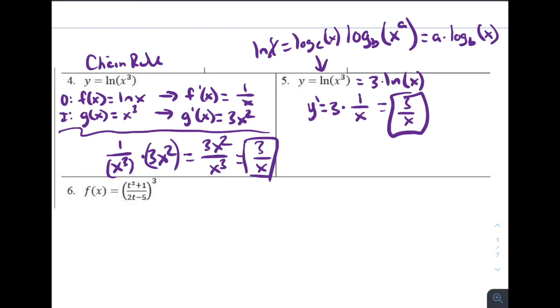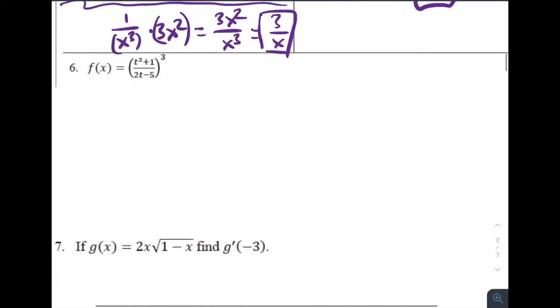Nice. All right, number 6. This one is a little bit of a beast. We've got clearly a composite function. A function is being raised to the third, so a function inside of a function. Why is this tough? Well, that inside function is actually 2 things being divided, which means we need to think back to chapter 2, the quotient rule, in order to take the derivative of that inside part.